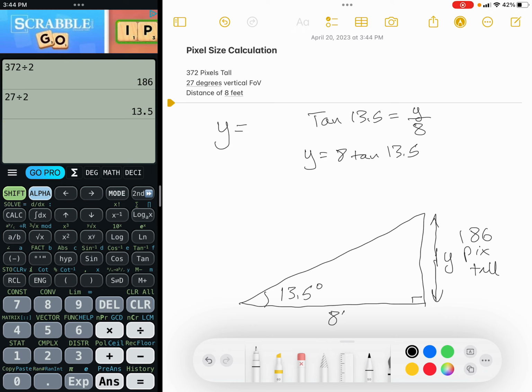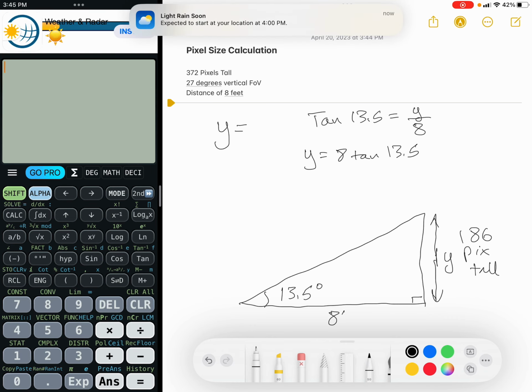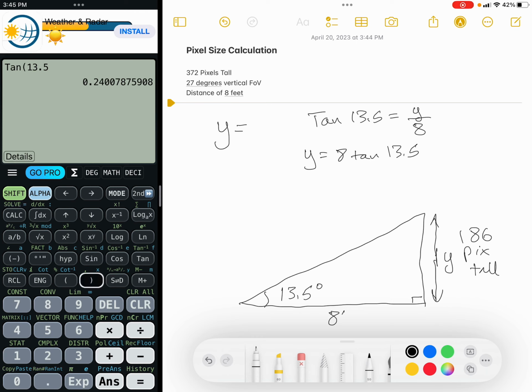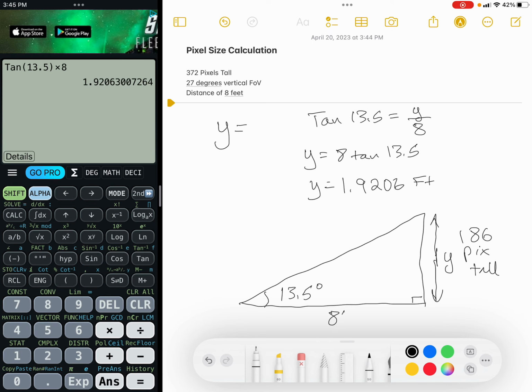If I go next door here and plug it into my calculator, the tangent of 13.5 gives us 0.2401, and we multiply that times 8, which gives us a height, y equals 1.9206 feet. Now if we take that height and divide it by the number of pixels, it'll tell us what the height is for each pixel.